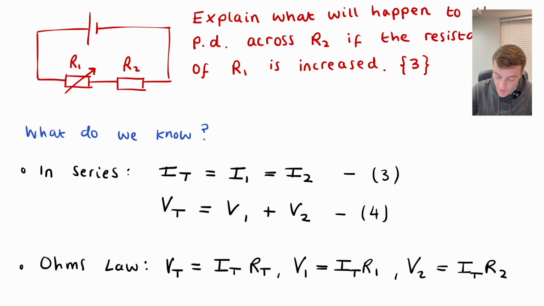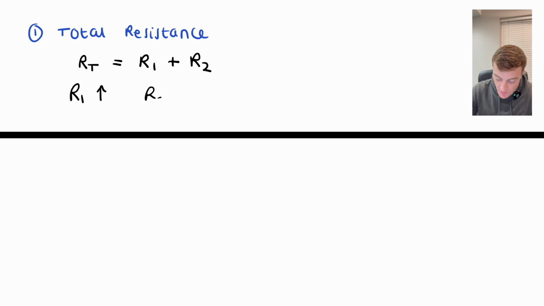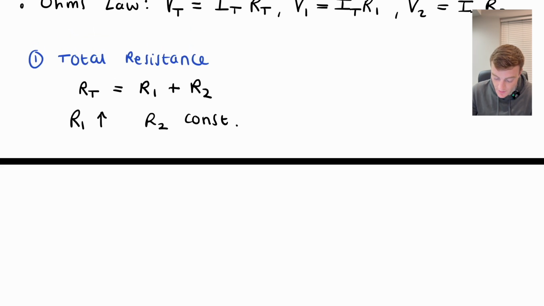Now we know that R2 is a fixed resistor by its circuit symbol. So we say R2 is constant. Okay, so if R2 doesn't change and R1 increases, then RT must increase. So we're going to highlight that and use it later on.